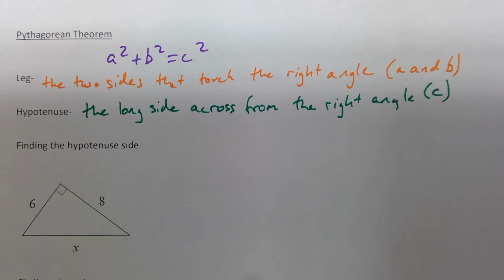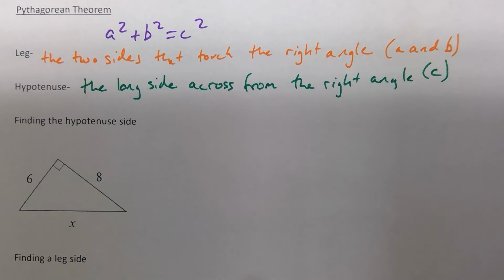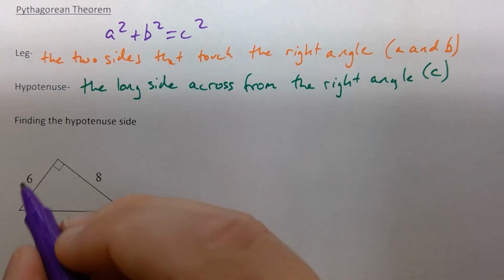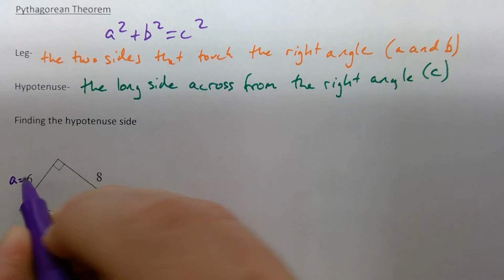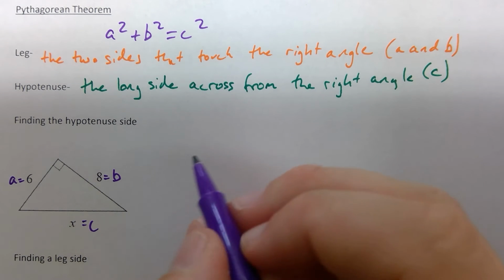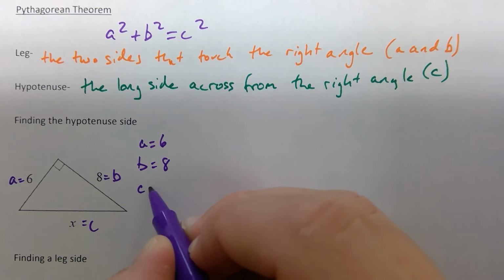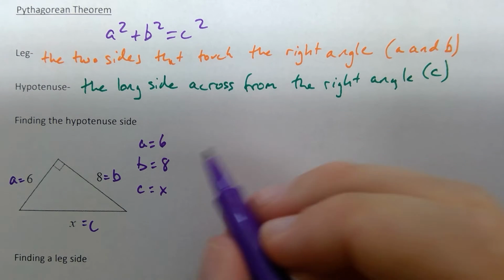So there's a couple different things we might have to do when we're solving Pythagorean theorem. We might have to find the hypotenuse side, or we might have to find the leg side. So we're going to start with finding the hypotenuse side. So I'm going to go ahead and label all of my sides first. So I'll say this is A, this is B, this is C, and then plug into my equation.